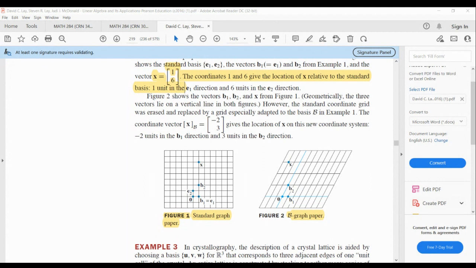Okay, and incidentally, we can go a little further with the example. In terms of notation, we can think of the vector x as a matrix times the coordinate vector of x relative to the basis b.